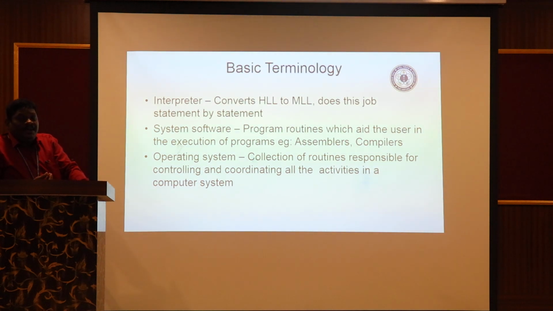If you start any program on your computer, the operating system has sufficient support to run the program. Application software means that based on human requirements, we install some applications. That is called application software.